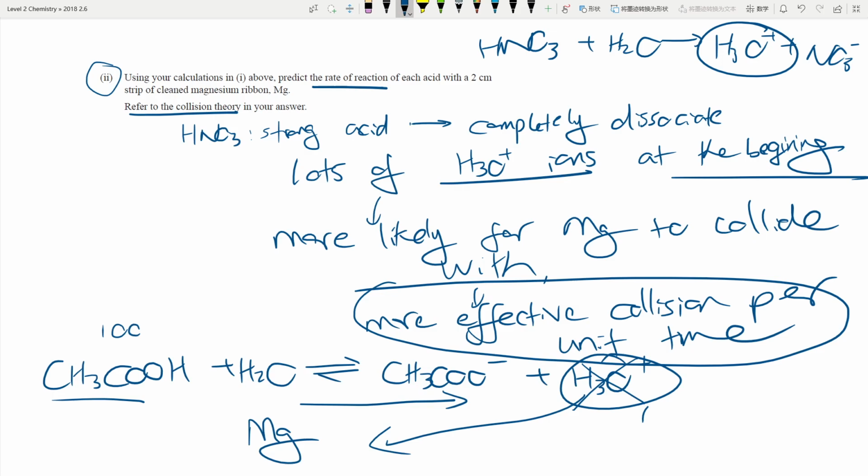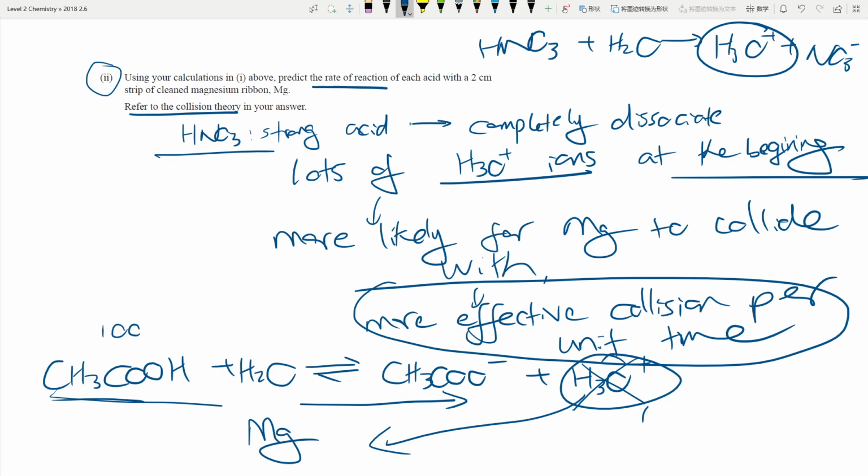So over time, eventually you will have the same amount of products being produced using HNO3 and ethanoic acid, because if they have the same reaction, same amount of reactant, same amount of magnesium, you will produce the same amount of products.